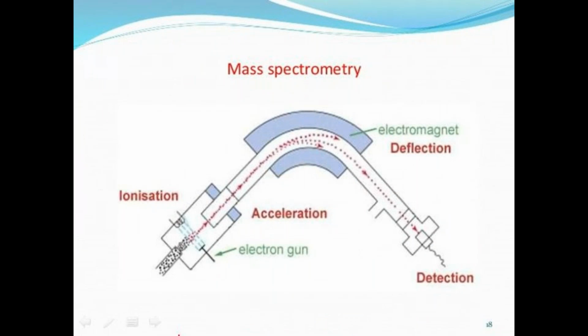I think this is similar to the gene transfer method, where the particle bombardment method is used. Here also an electron gun is used, and the electrons are mainly responsible for the ionization of the amino acids, which are detected using the instrument called a mass spectrometer.